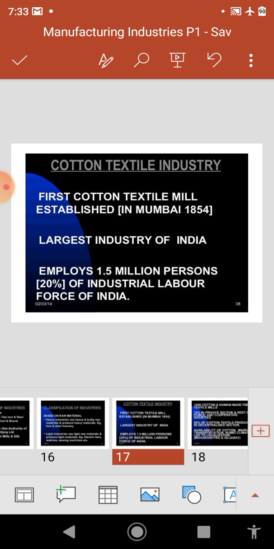The textile industry's predominant presence in the Indian economy is manifested in its significant contribution to industrial production, generation of employment, and foreign exchange earning. Let us discuss some of the characteristics of this industry.